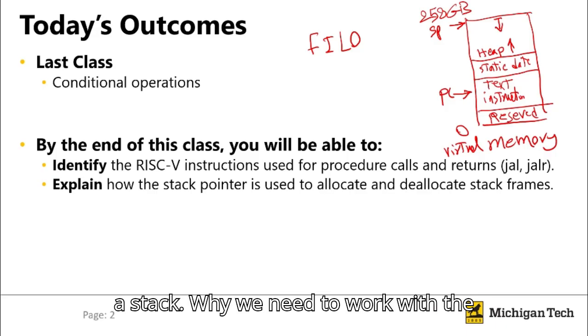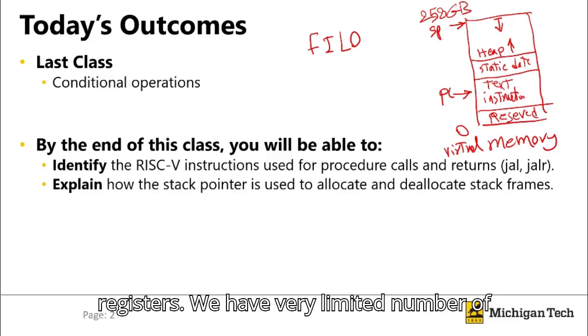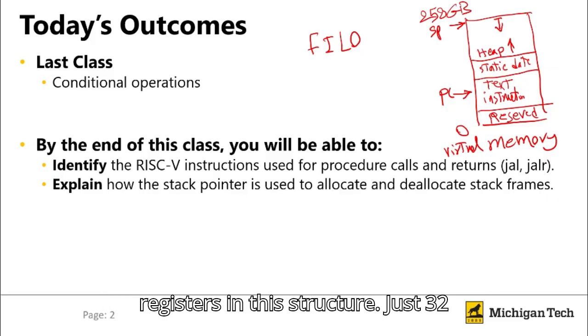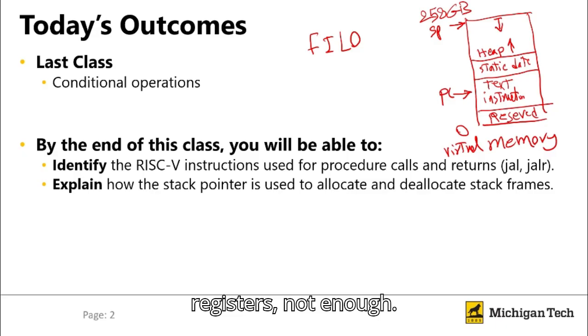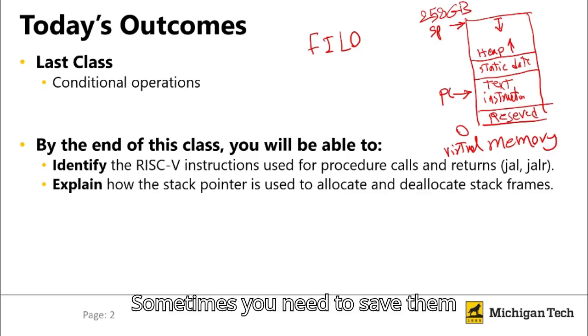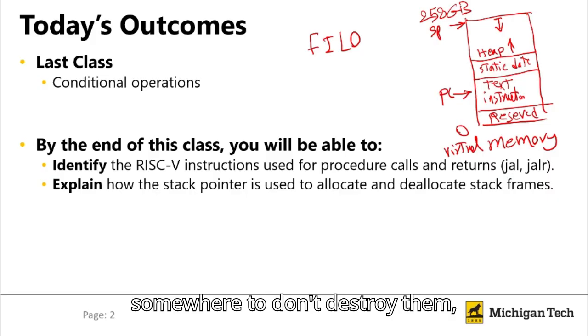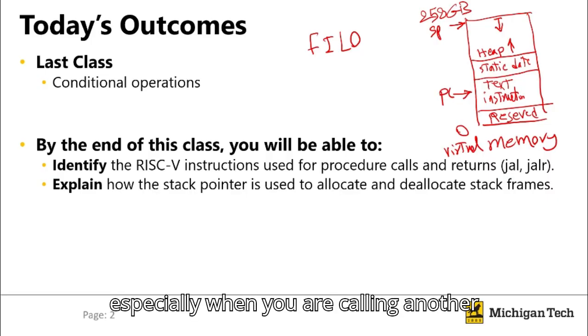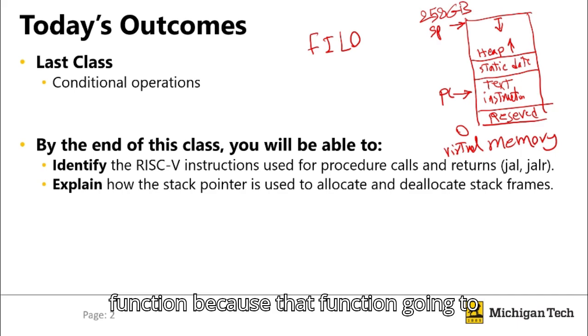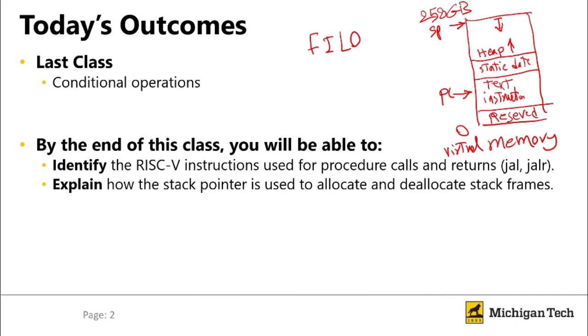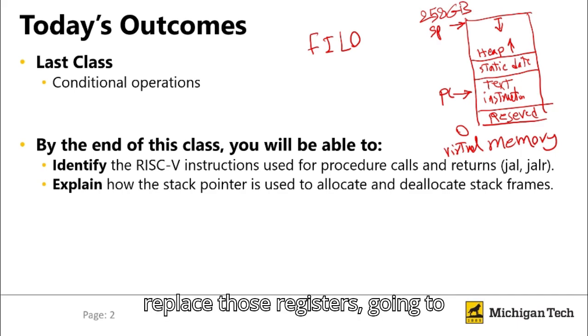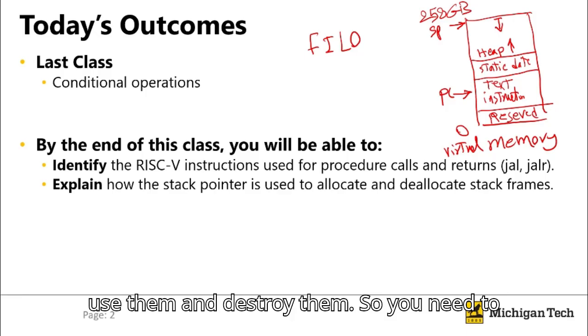Why do we need to work with the stack? Sometimes we need more than registers. We have a very limited number of registers in this structure, just 32 registers, not enough. Sometimes you need to save them somewhere to not destroy them, especially when you are calling another function, because that function is going to use those registers and destroy them.